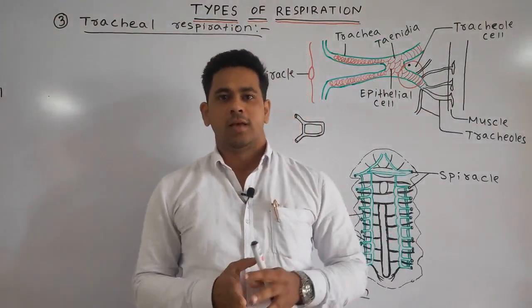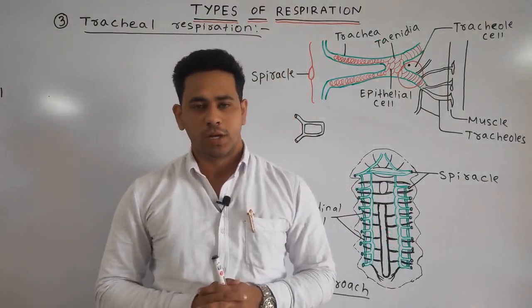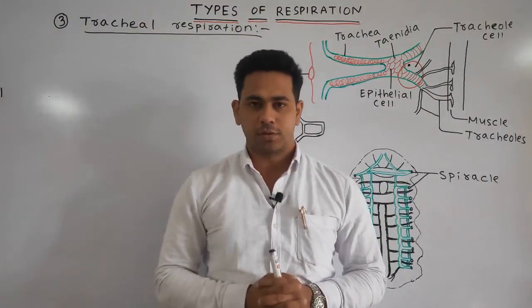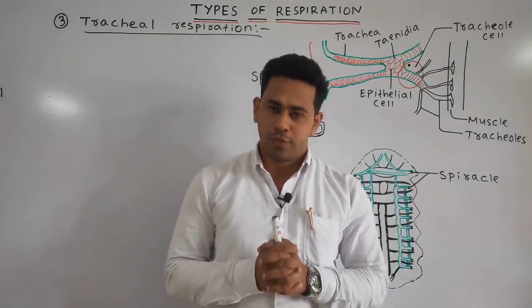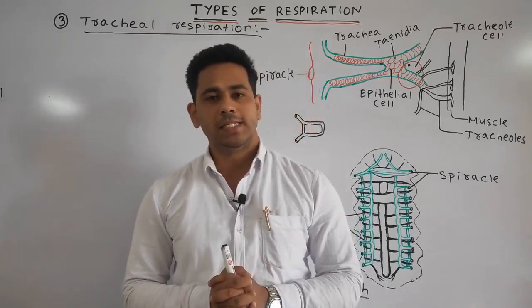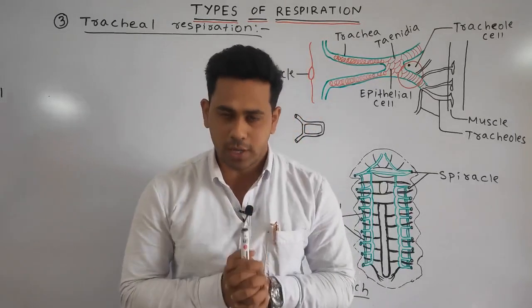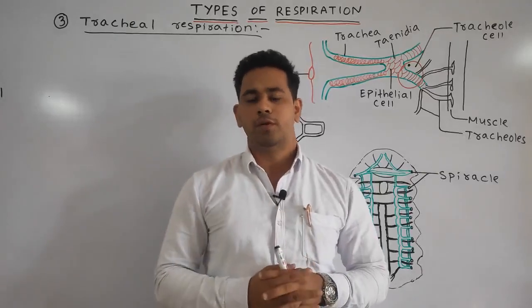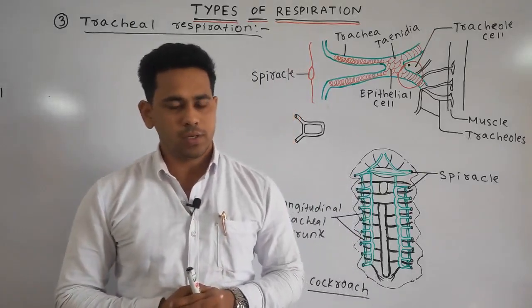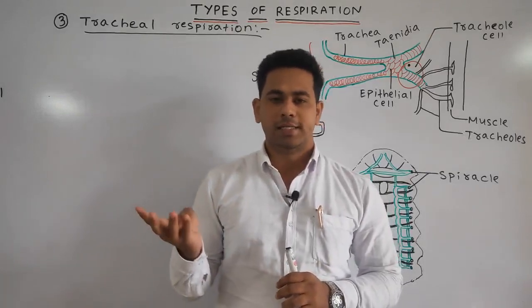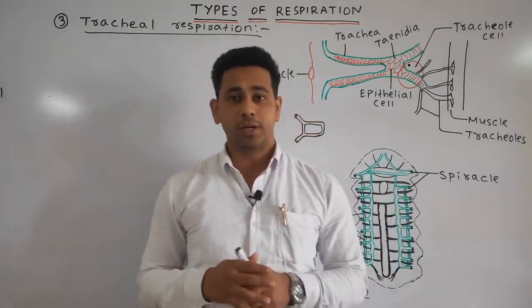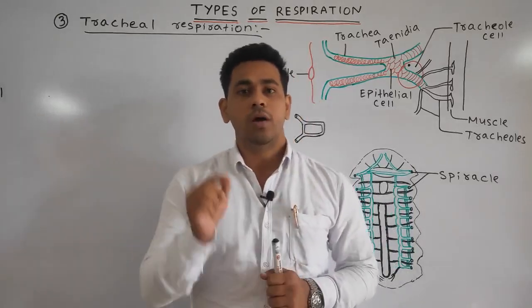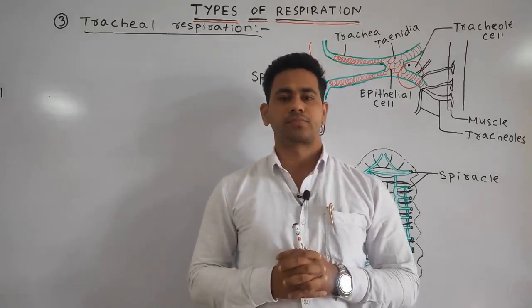Hello students, in the previous class we discussed the types of respiration according to the presence of the respiratory organ. We discussed that on the basis of the presence of the respiratory organ, there are four types of respiration. First one is cutaneous respiration, second bronchial respiration, third tracheal respiration, and the fourth is pulmonary respiration.